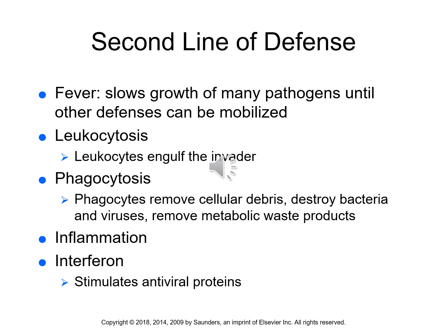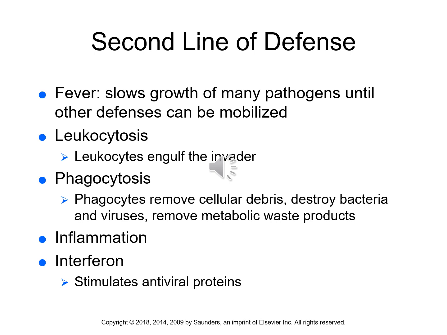Then you have phagocytosis. Phagocytosis is a part of the inflammatory response to try to destroy the bacteria and viruses. And then you have inflammation. Inflammation is a localized protective response that's brought on by injury or destruction of the tissues.